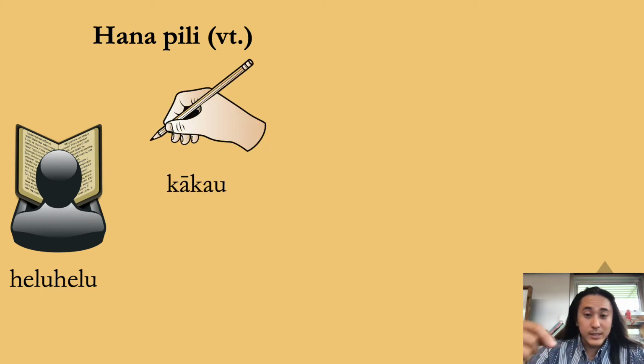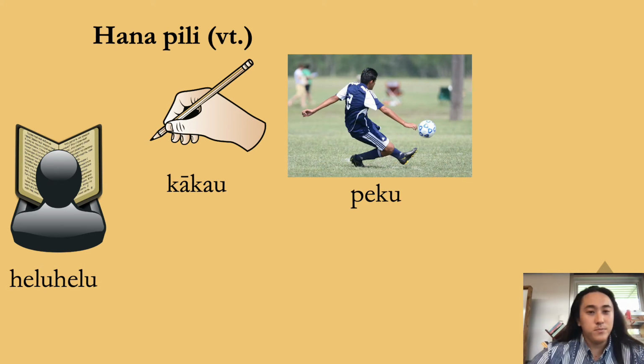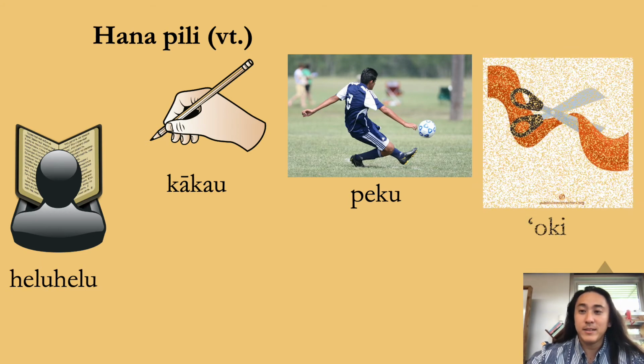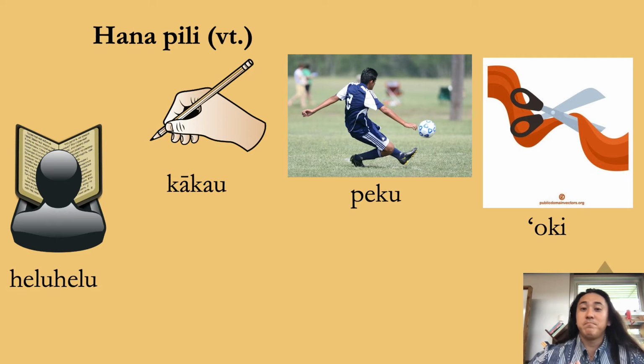Kākau, to write, you've got to write something to say that you wrote. Peku, you've got to kick something, can't just kick air. But peku i ke kini pōpō. Ua peku au i ke kini pōpō, I kick the ball. 'Oki, you have to cut something.